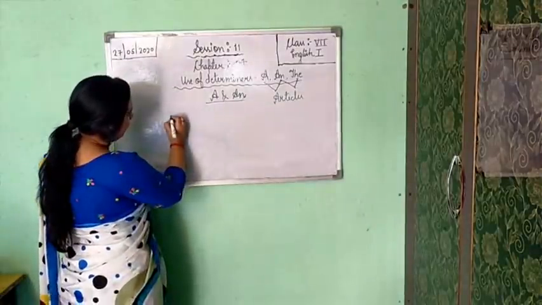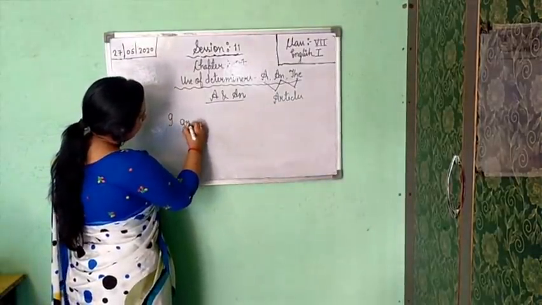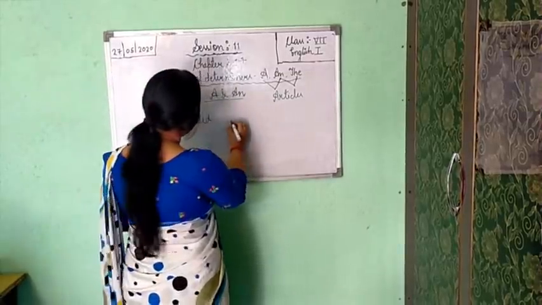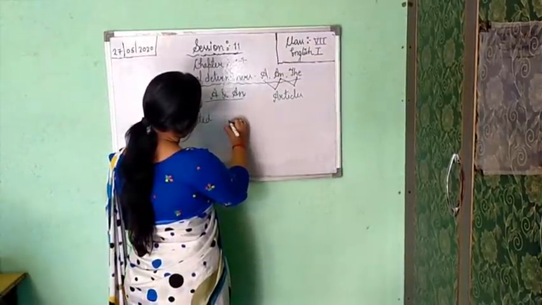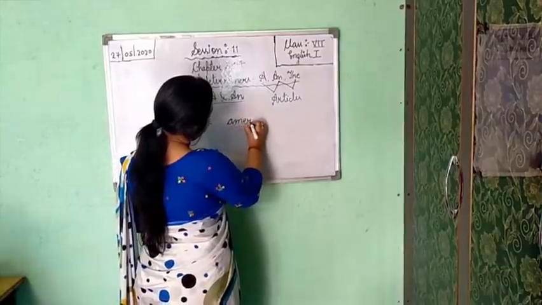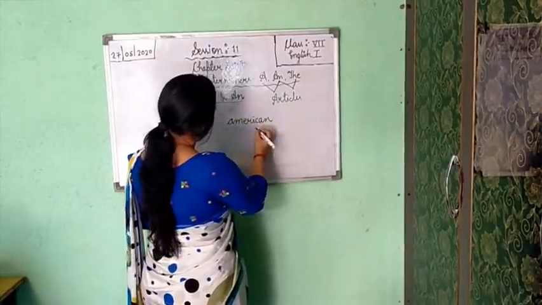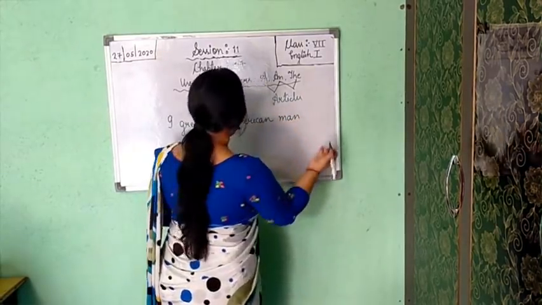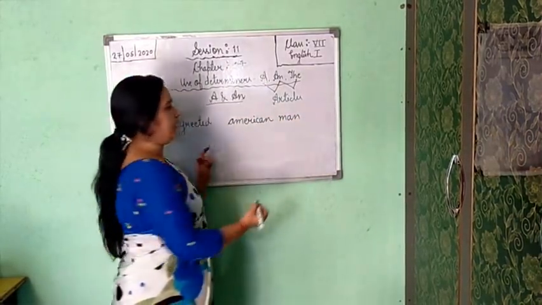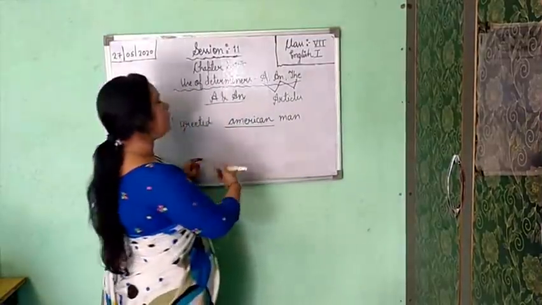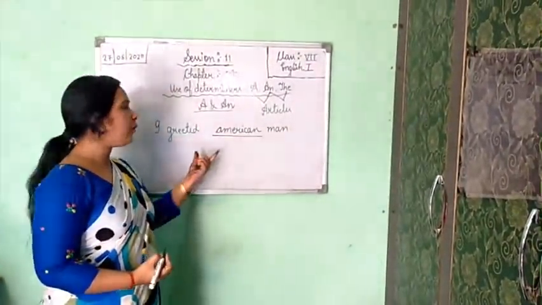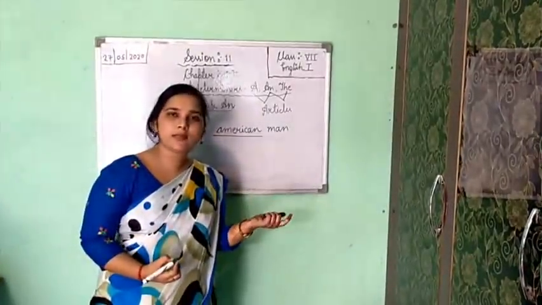article. For example, I greeted an American man. So it is certain to whom I have greeted, that person is from America. That's why the person is American.